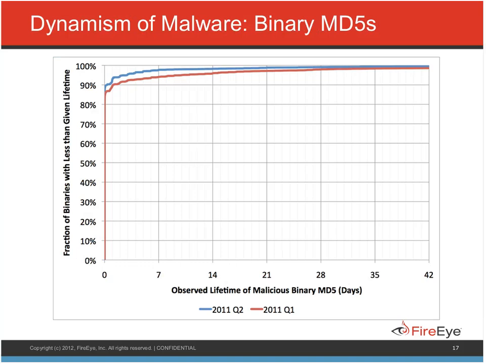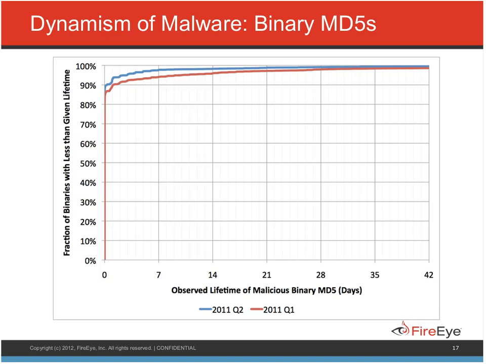And so what we did in our study was to take a look at the uniqueness of the MD5s and what's the lifetime of that MD5. So we know we've got a malicious binary that gets downloaded. In what amount of time does that binary morph or change its digital signature? How quickly does it change its MD5?